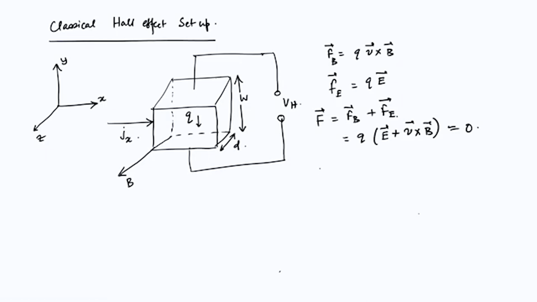Because of this there is an EY that is going to be created, because if you are measuring a Hall voltage, there must be an electric field due to the Hall voltage, which is equal to V BZ, which is equal to Jx by NQ, and B is only in the Z direction, so I do not have to write BZ. So this is Jx by NQ and then B. Here N is the charge density.